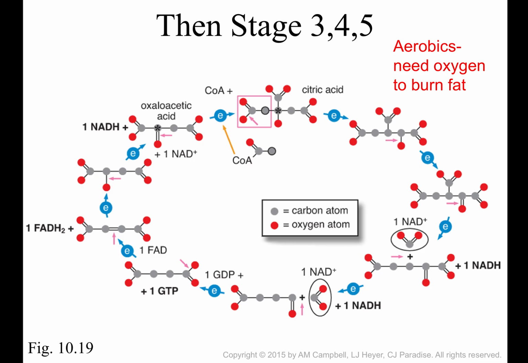These are all relatively low impact, high repetition exercises that keep oxygen supplied to the muscle and allow the muscle cell to go through stage 3, 4, and 5. If you are using energy faster than you can supply oxygen to the muscle, something like sprinting or lifting very heavy weights, then the muscle is using energy faster than oxygen supply can keep up with.